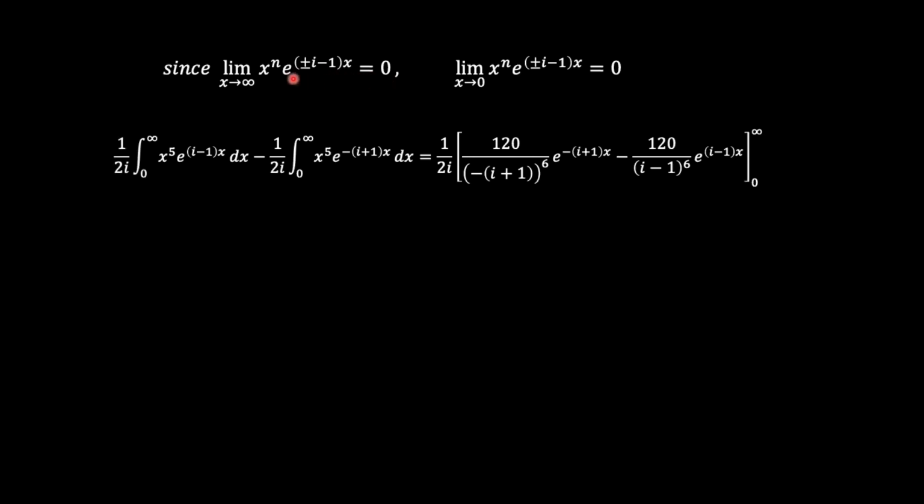Why? Because this e to the power negative x component here tends to 0 when x becomes a very big number. And so 0 times any number here becomes 0. The same thing as x tends to 0 because we have an x here that goes to 0.